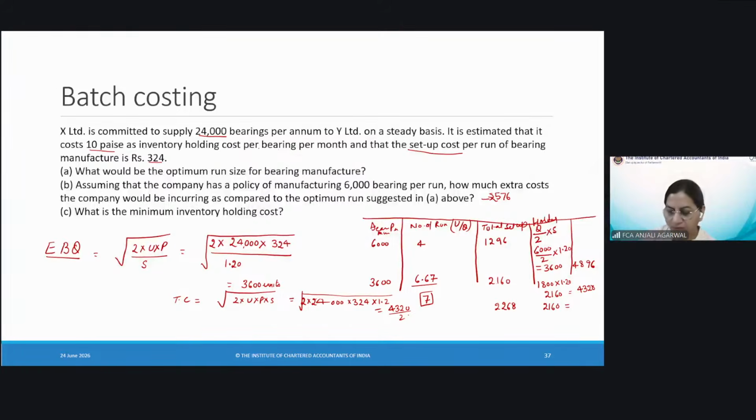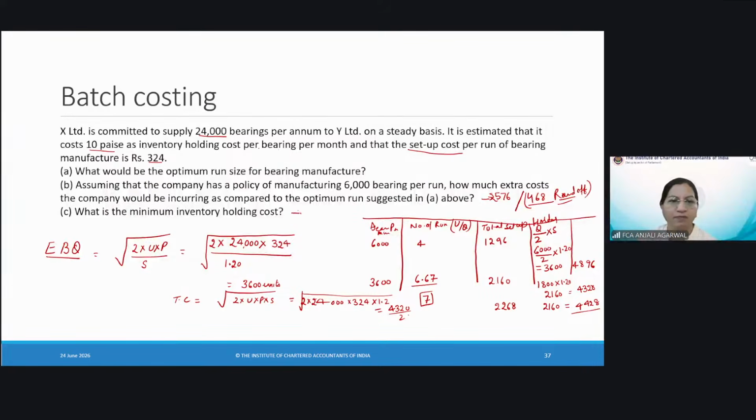And then my total cost would be 2,268 plus 2,160, which is 4,428. So still, if I go for 6,000 bearings, I will be incurring an extra cost of 468 rupees. So even if you round off the number of runs, which is practically making sense, then also there is an extra cost of 468 if you go for 6,000 bearings.